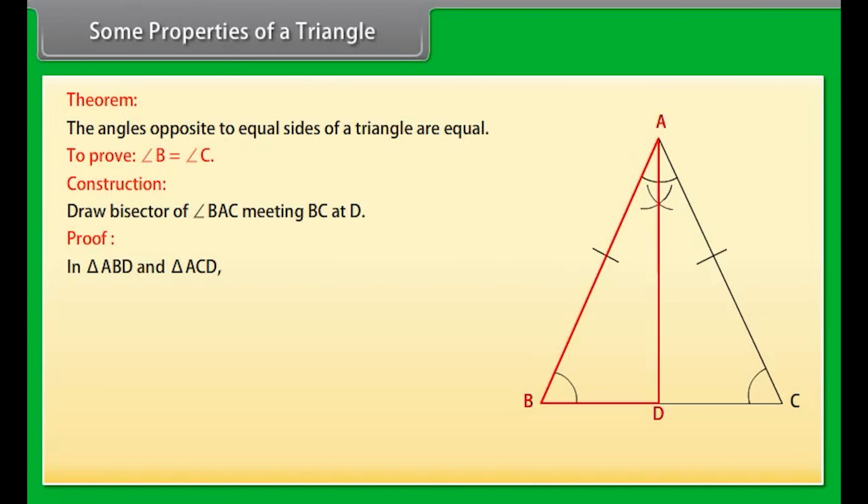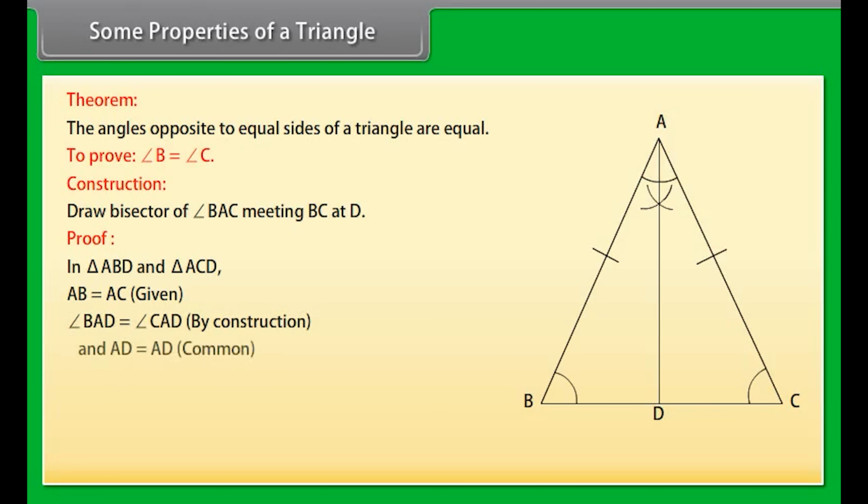In triangle ABD and triangle ACD, AB is equal to AC is given. Angle BAD is equal to angle CAD by construction, and AD is equal to AD, common. Therefore, by the SAS rule, triangle ABD is congruent to triangle ACD. Hence, angle B is equal to angle C.